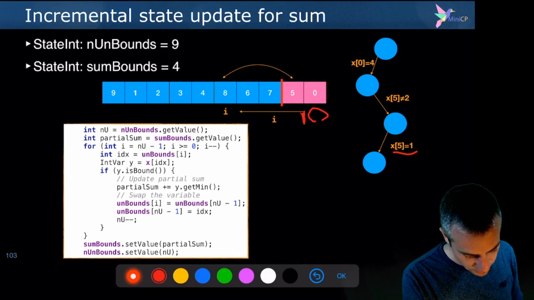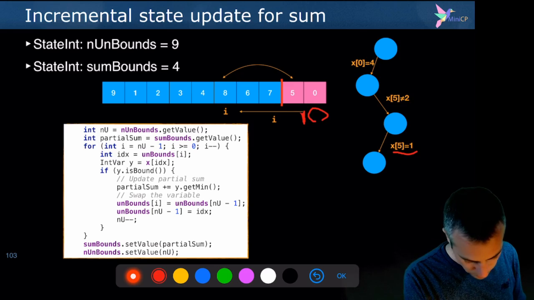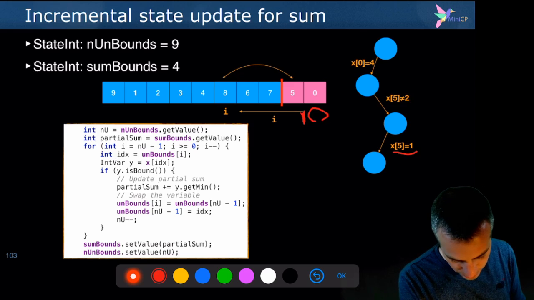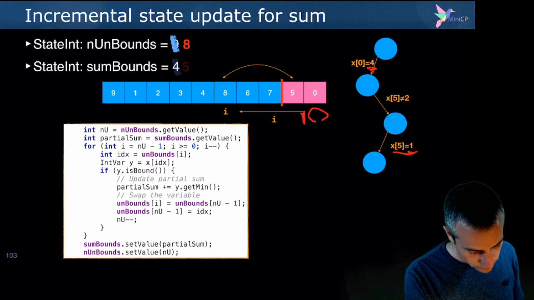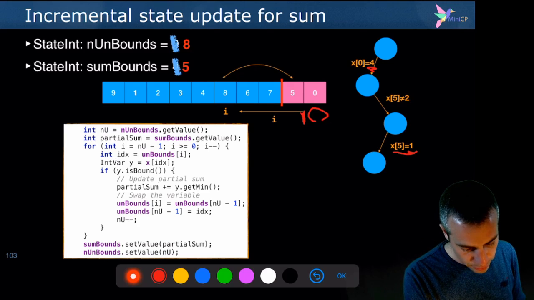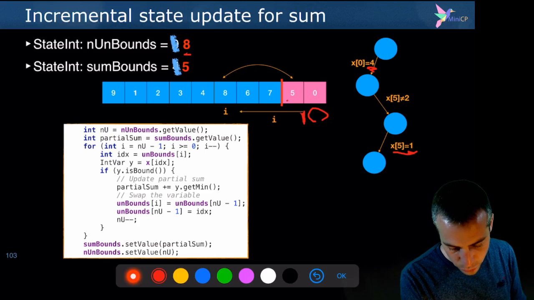And my partial sum is now 9. Oh, sorry, it's now 5. Yeah, it's 5 because it's 4 plus 1. Like this. And the number of bound variables is now 8 because since I have already two variables that have been bound, this one and this one.